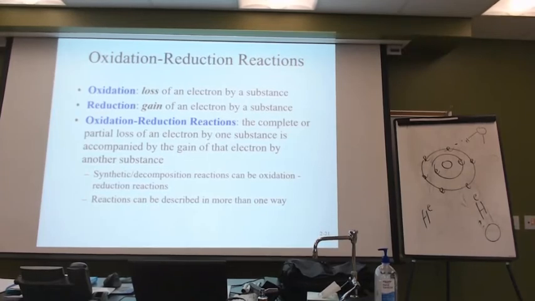I just want you to understand what the terms oxidation and reduction mean, okay? When we have ions form, oxidation is when the element that lost the electron, we say was oxidized. The one that gained it, we say was reduced.